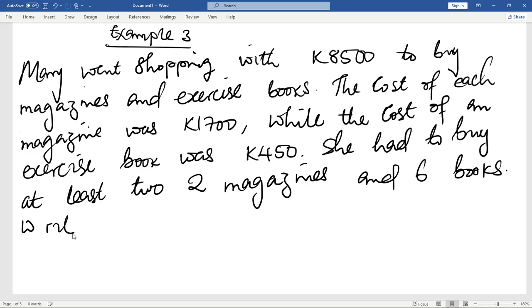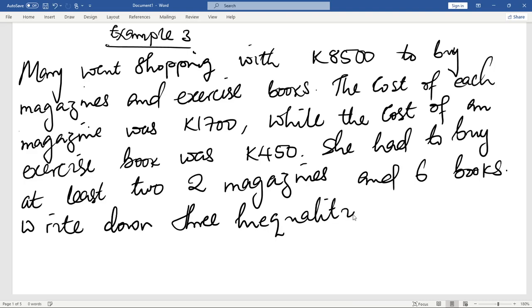Write down three inequalities to represent this information.